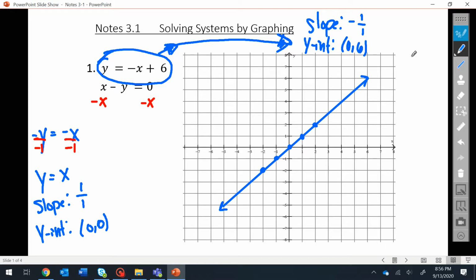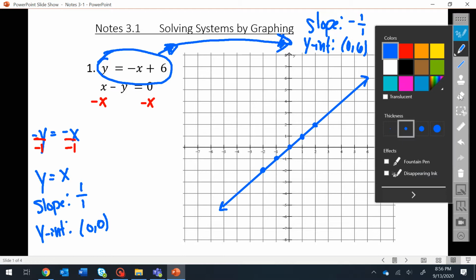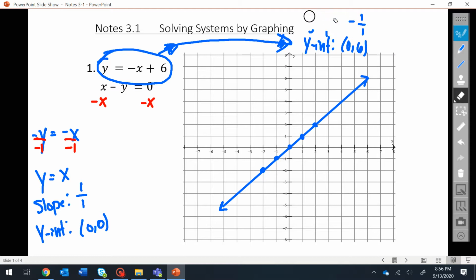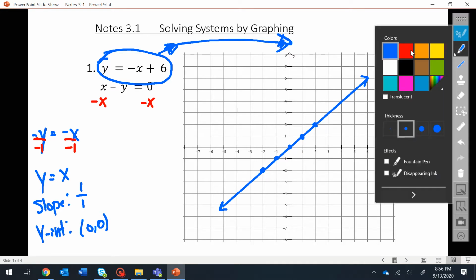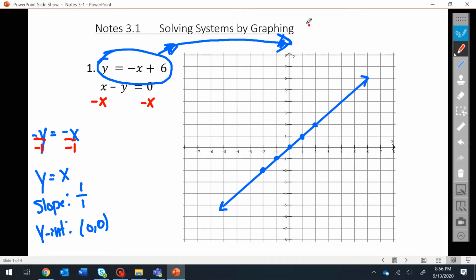Actually, let me rewrite that in a different color so I can graph it in a different color so they stay together. I'll do that in red. Like I was saying, the slope of the first one is negative 1 over 1. The y-intercept is 0, 6. So I'm going to graph the y-intercept 0, 6, and use the slope to get more points.